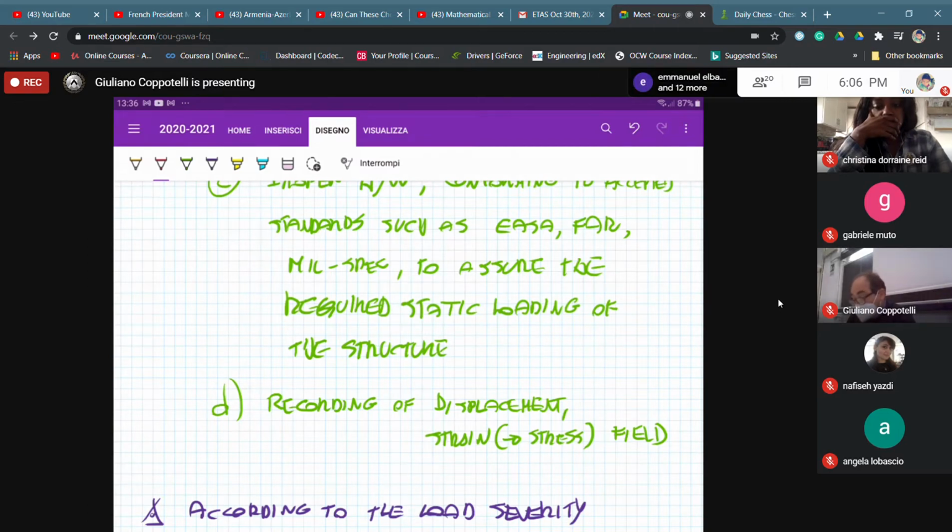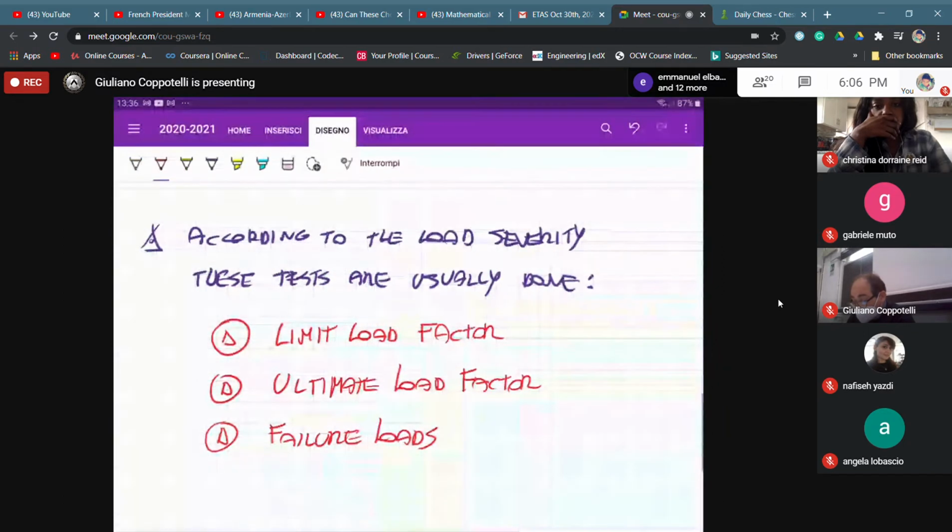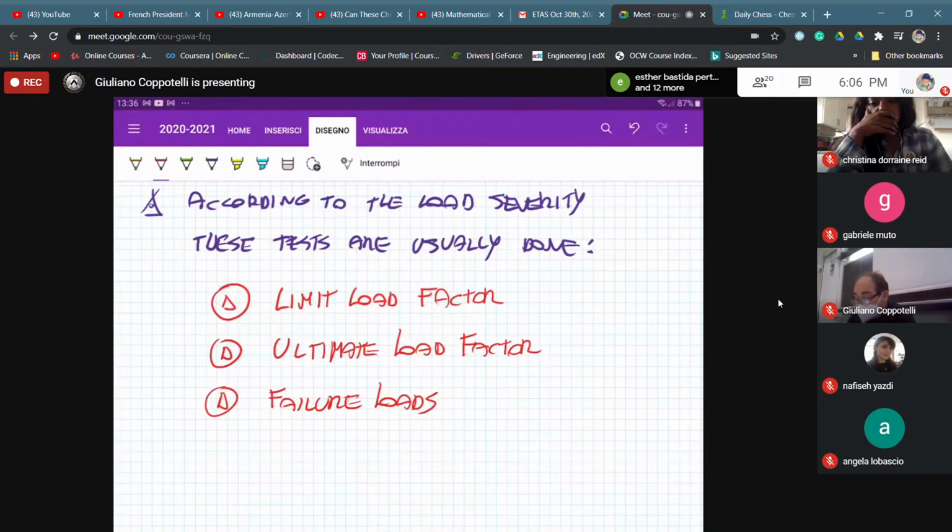Okay, now let's talk about this type of test: limit, ultimate, and failure load tests. These differ when referring to the severity, as I just said before. Okay, so let's talk about the limit load factor test as the first one.